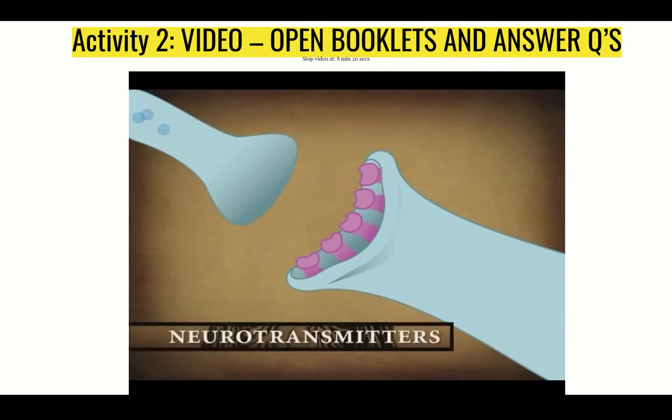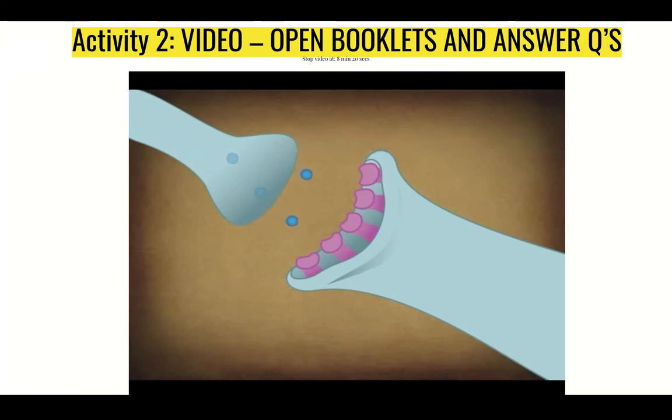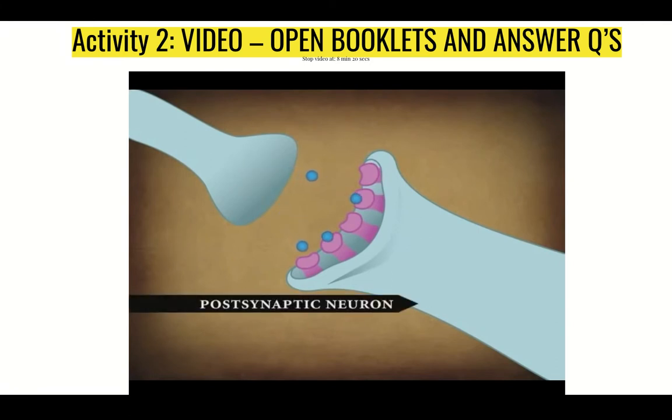Neurotransmitters carry chemical messages between neurons. The presynaptic neuron, the one sending a message, releases neurotransmitters across the synapse. After crossing the synapse, each neurotransmitter binds to a particular receptor on the postsynaptic neuron, the one receiving the message.